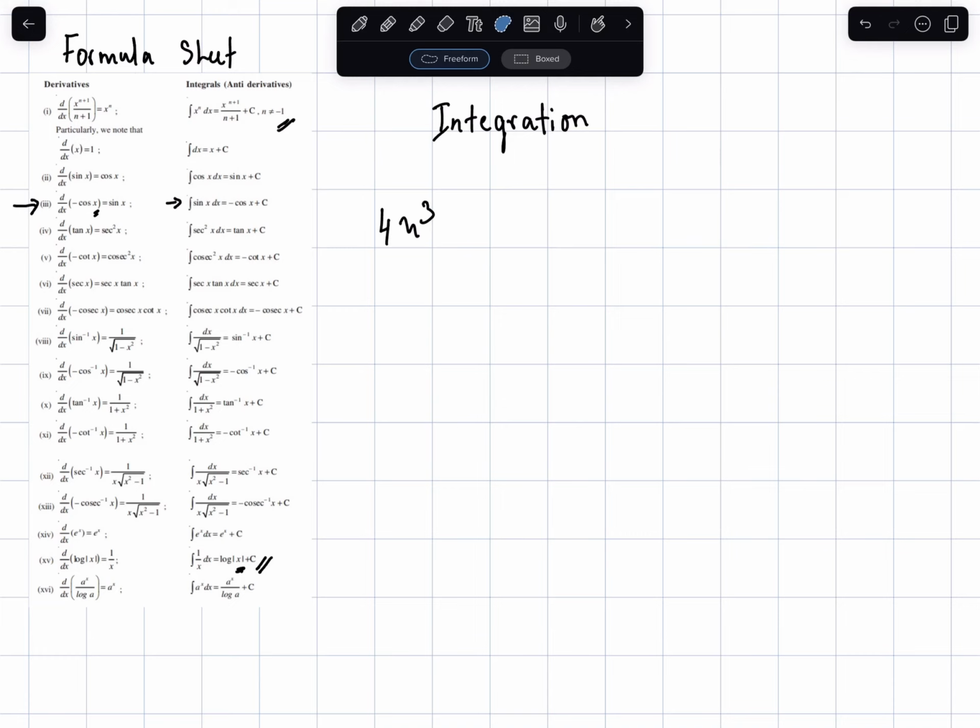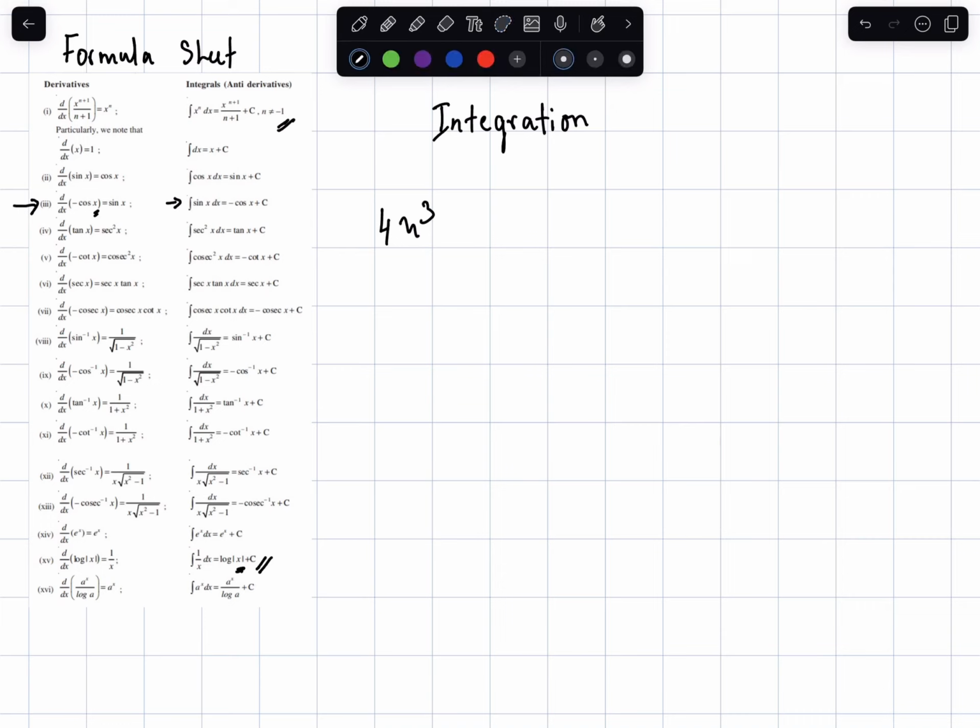Well, if I integrate something, doesn't the power rise by 1? Correct? Doesn't it rise by 1?